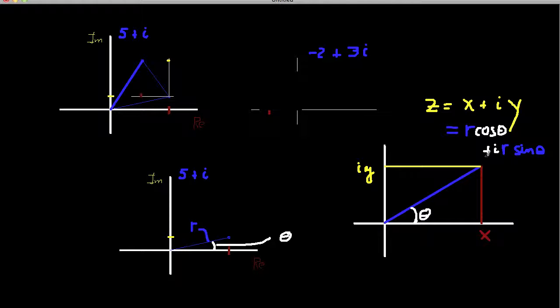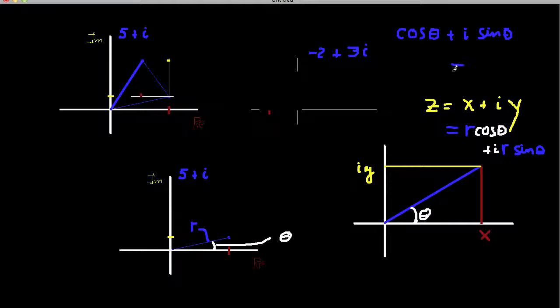And I'll explain more about this later, but let me give you a hint. And that hint is that we can write cosine theta plus i sine theta in the following way.